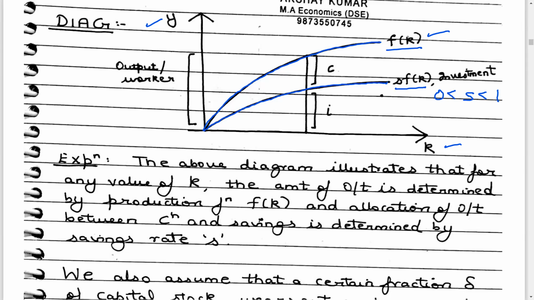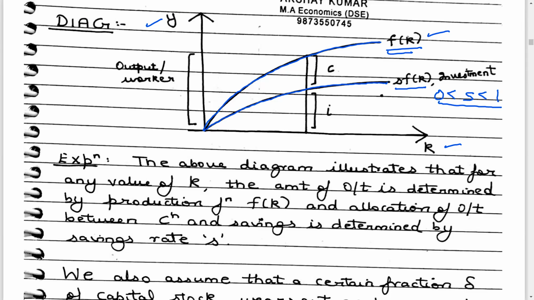Understand this, guys. S f of k will have the same shape, curvature and behavior as f of k. The only difference is s into f of k will be at a lower level. Why? Because savings lies between 0 and 1. It's a proportion. It's a fraction.